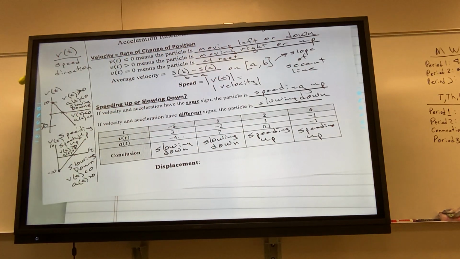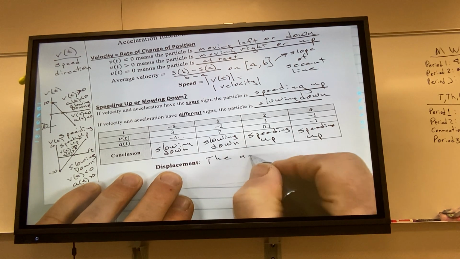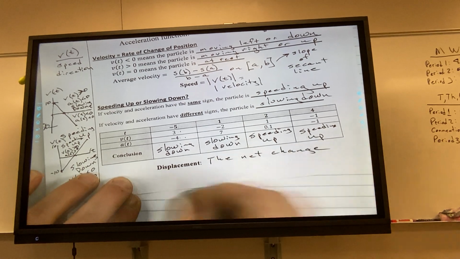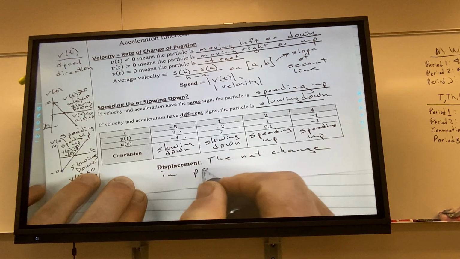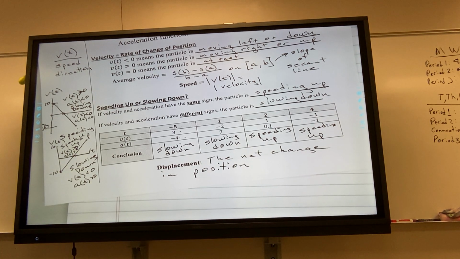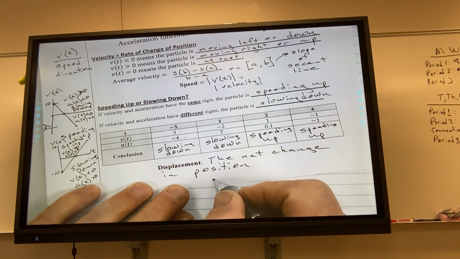So what we say displacement is the net change in position. So I drew a little picture. So here's my picture. I started here.